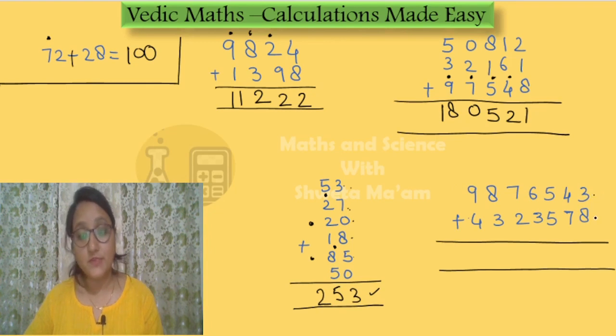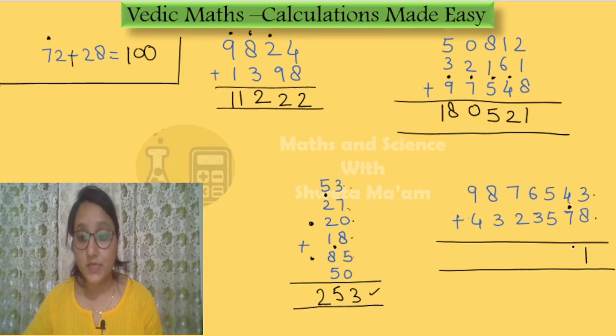3 plus 8 is 11, so 1 dot, not over here, we are adding from the upside, so 3 plus 8 is 11, we will be putting the dot to the 7 and 1 downside.